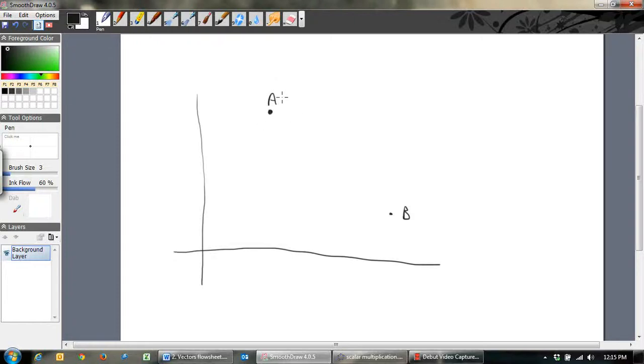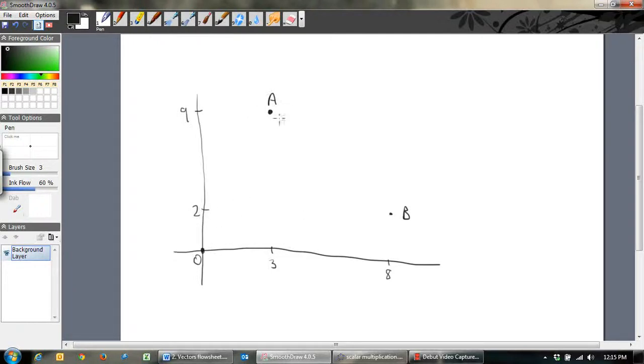So if we want to say what is the vector of point A, we need to start from some point. So let's start from the origin, and let's just say that this is 3. This doesn't really matter. And point B is 8, and that's 2.